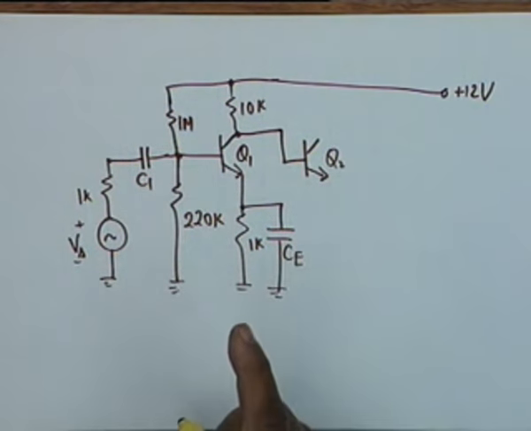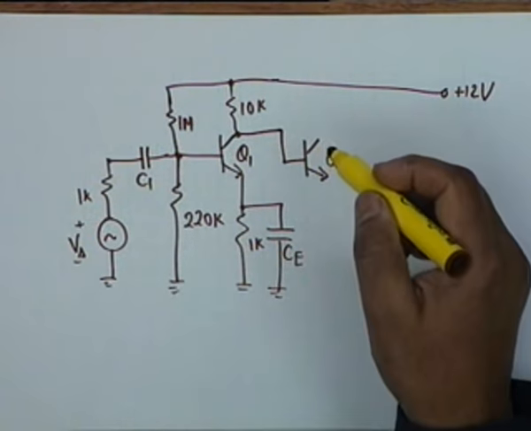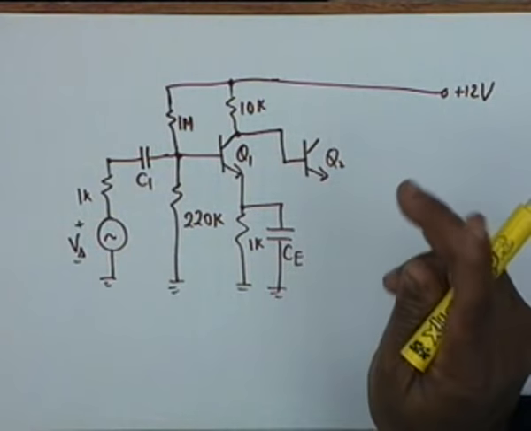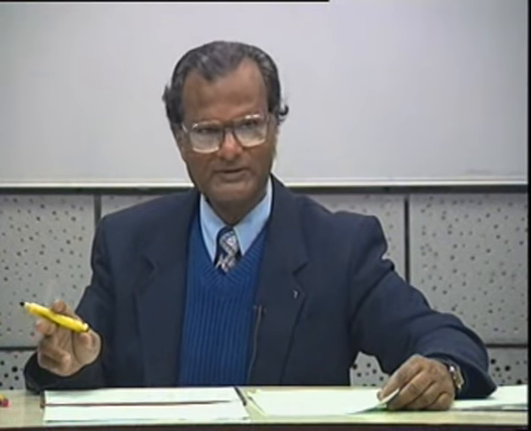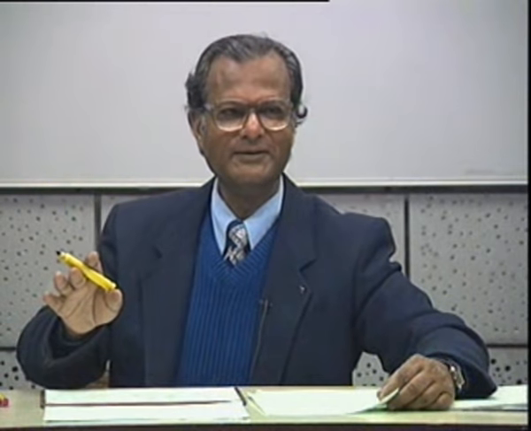Let us see if it works. You might, in circumstances, overdrive Q2. If you overdrive Q2, Q2 will go into saturation. Once a BJT goes into saturation, it cannot act as an amplifier, and therefore we must guard against this. On the other hand, for an FET we require the transistor to be in saturation. Okay, the differences must be quite clear.